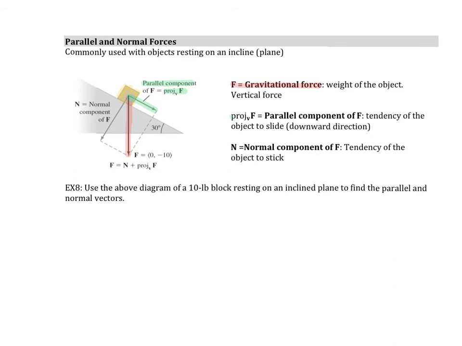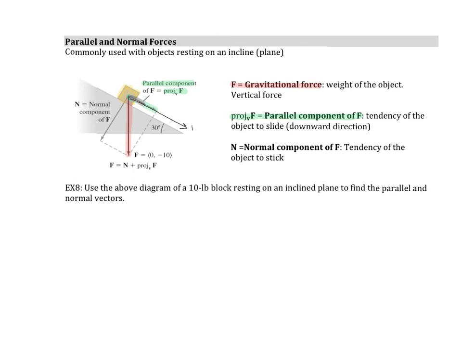Okay? So if we take the projection of our force vector onto a vector v, that would be the parallel component of our force vector F. So what is v? Well, v is this vector that's going along the incline of the plane.